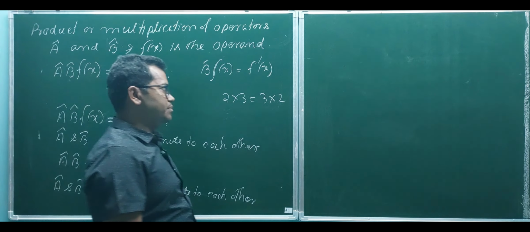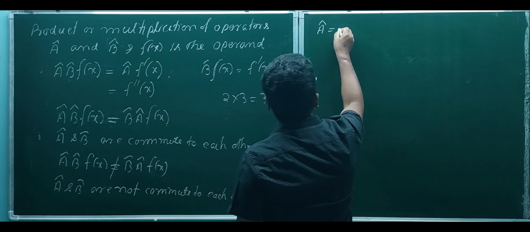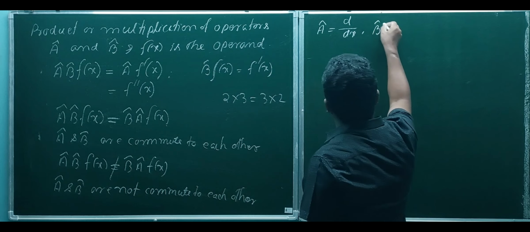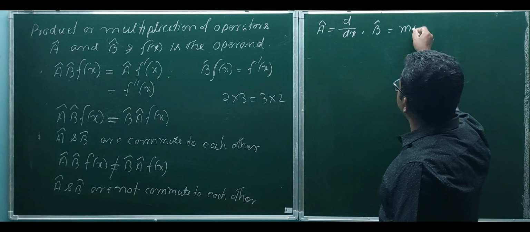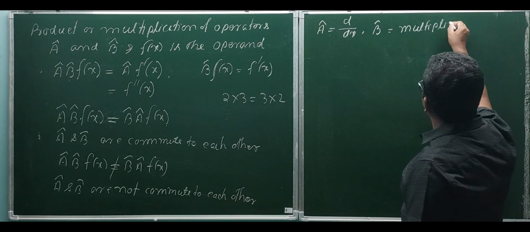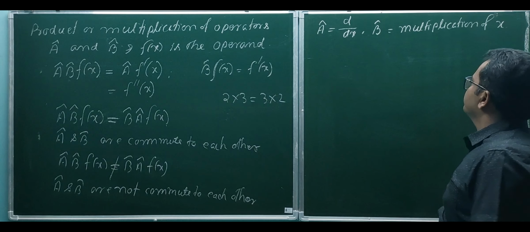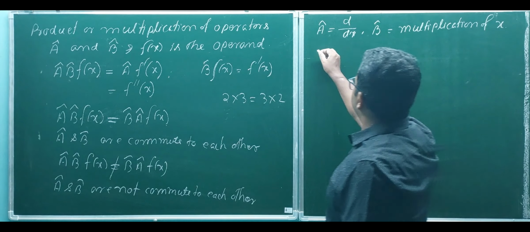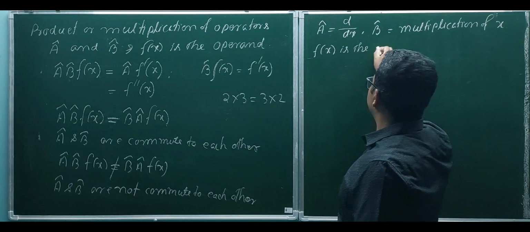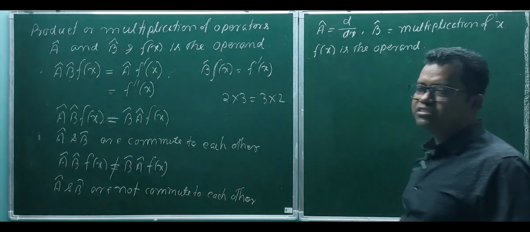Let us take an example. Say A cap is d/dx and B cap is multiplication by x, and f(x) is the operand.